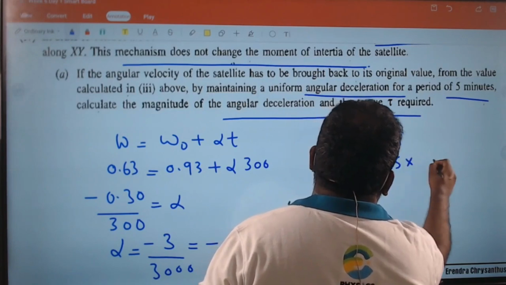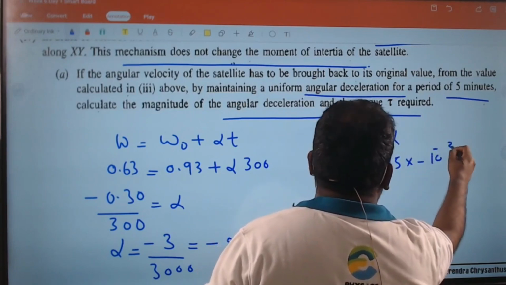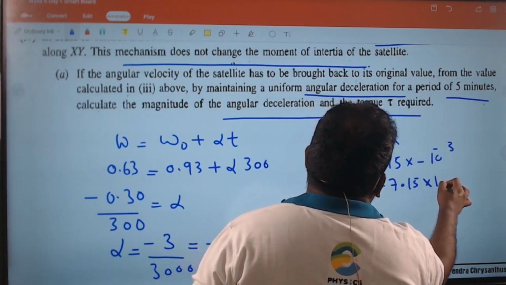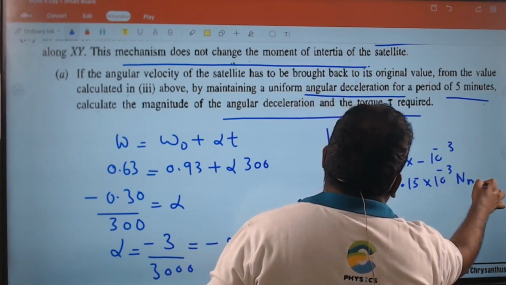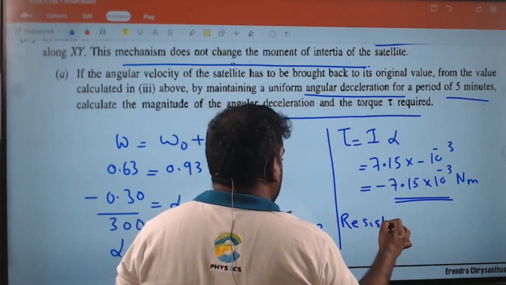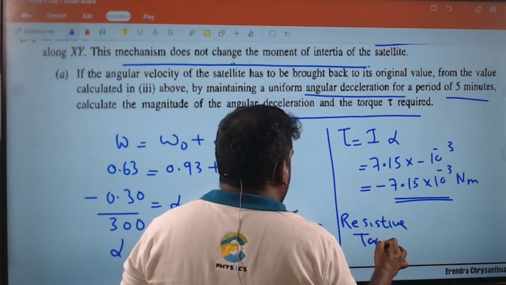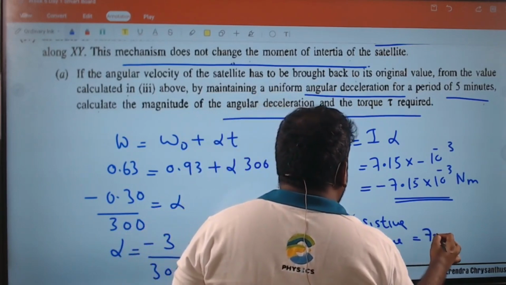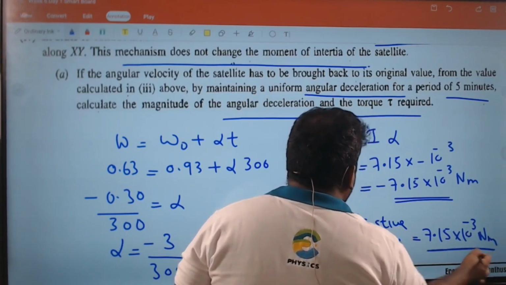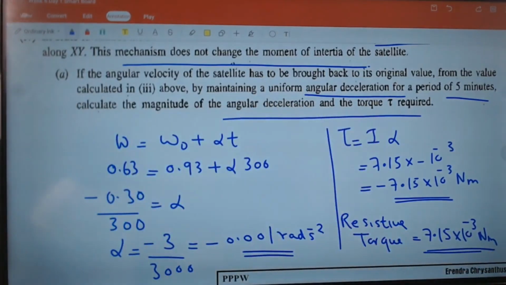7.15 times minus 10 to the power minus 3, so minus 7.15 times 10 to the power minus 3 Newton meter. Resistive torque applied: 7.15 times 10 to the power minus 3 Newton meter.